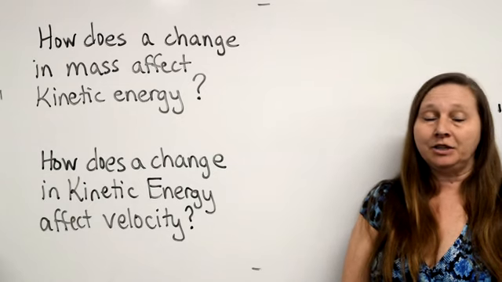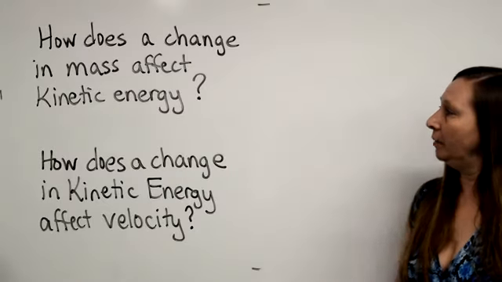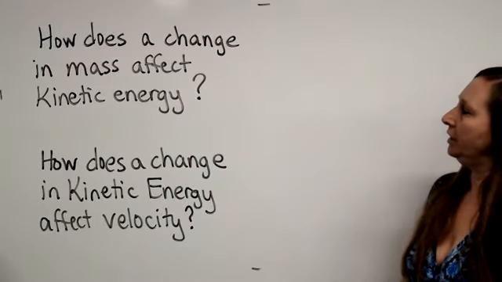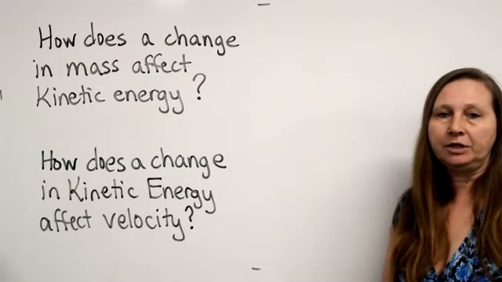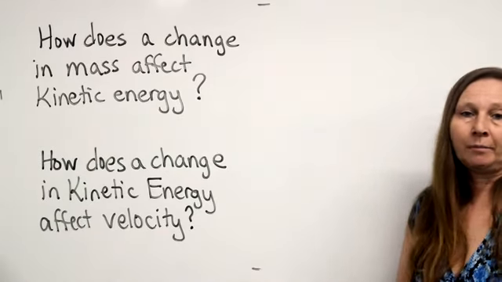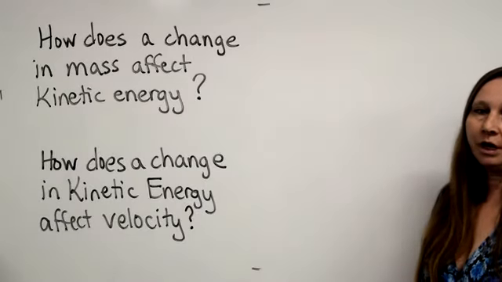I need to set this up a little bit and talk about which variable is the independent variable, which variable is the dependent variable. You might have heard about this in another science class, maybe in biology or earth science.